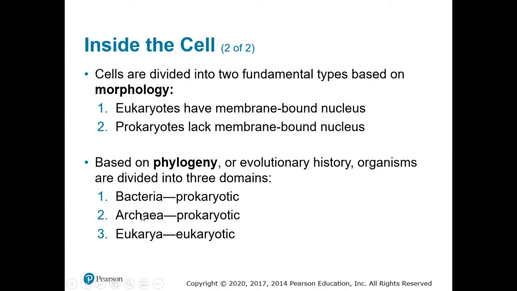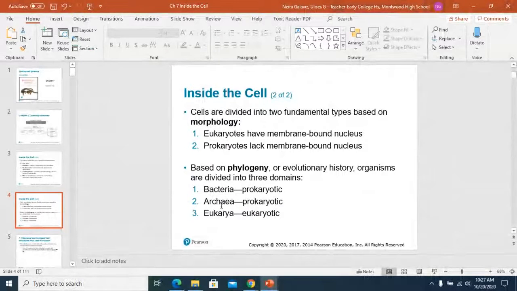These two domains of life deal with prokaryotes, so bacteria and archaea. Bacteria, you know what bacteria are. These are microscopic single-celled organisms that live in you, on you, and around you. Archaea are also bacteria, but they're extreme bacteria. These don't play around.